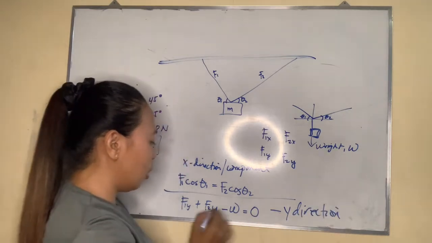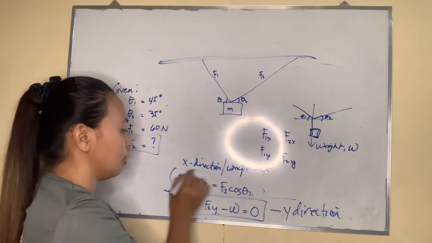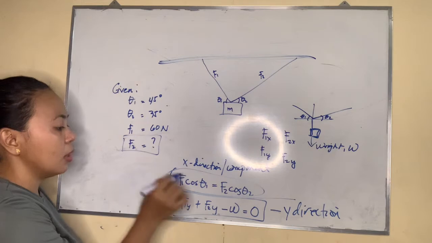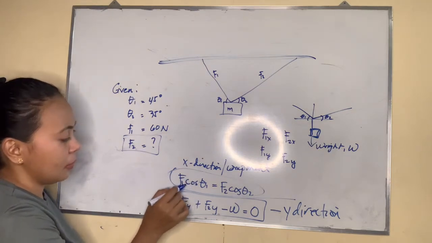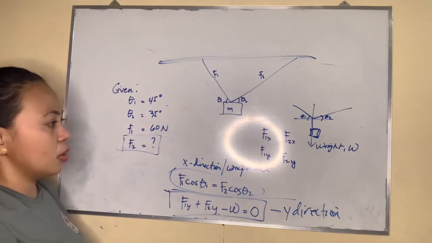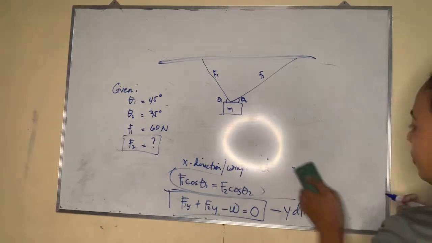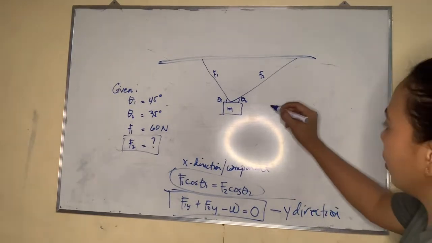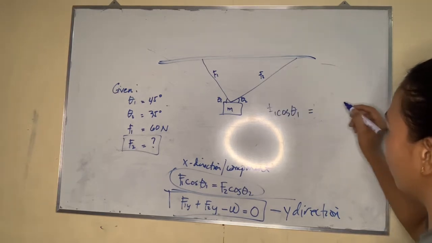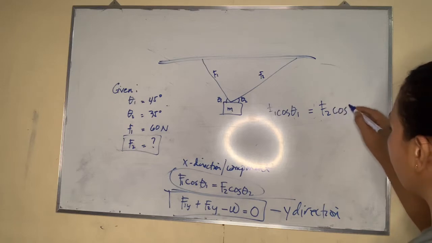Yung sa module, ito lang yung binigay, di ba? So, hindi natin nagamit yung itong isang equation. So, this time, para makuha natin itong F2, we can use this. F1 cosine theta 1 equals F2 cosine theta 2. So, let's try to solve itong F1 cosine theta 1 is equivalent to F2 cosine theta 2.